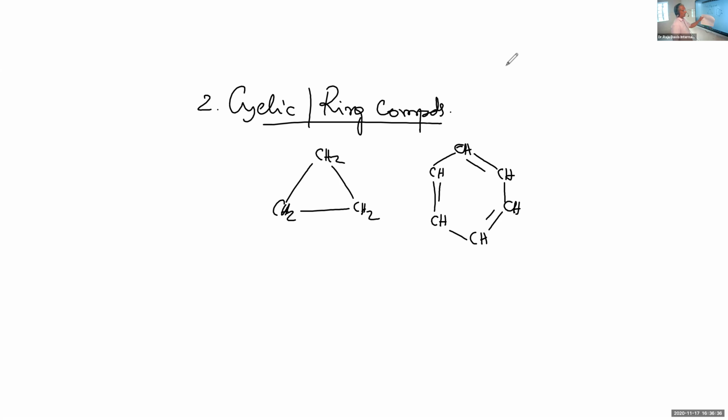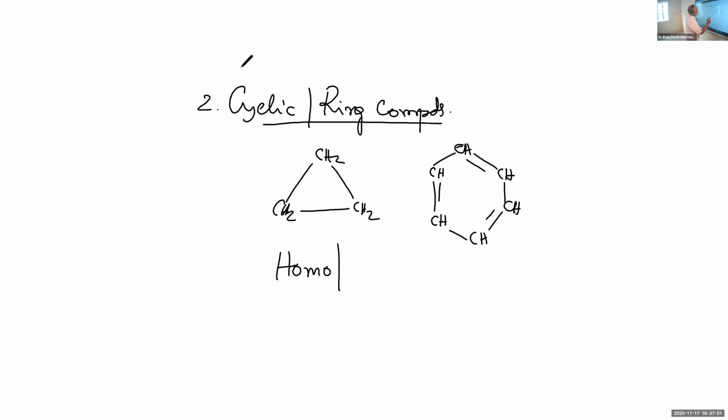But in all these compounds, in the ring, there are only carbon atoms. Such ring compounds are called homocyclic or carbocyclic compounds.